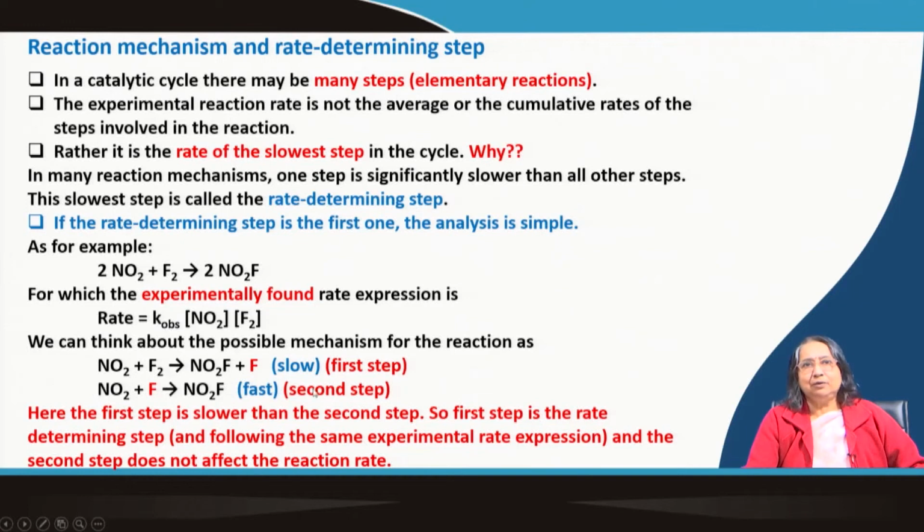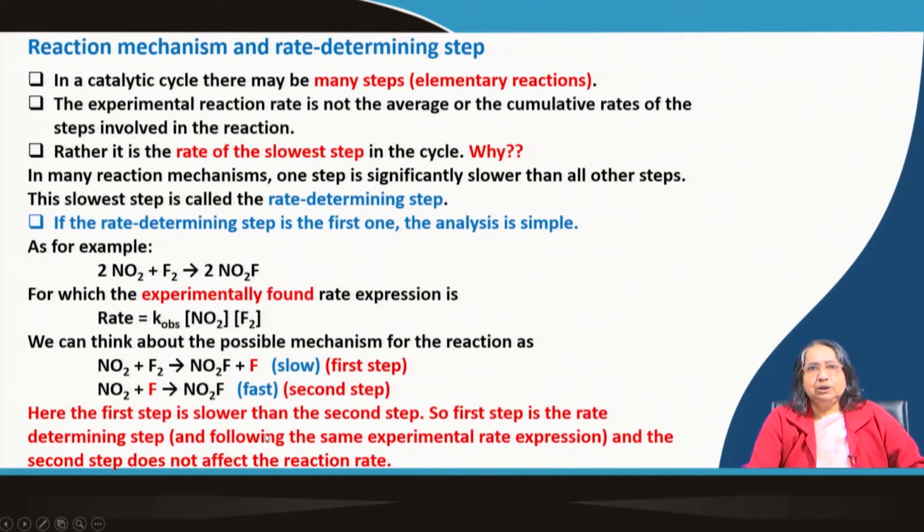So, this is our speculated mechanism, and if this is true, meaning if we have thought of a correct mechanism, then the slowest step is the rate determining step. So, according to this, what should be the rate expression? It should be rate is k observed into concentration of NO2 and concentration of F2. So, it is matching.